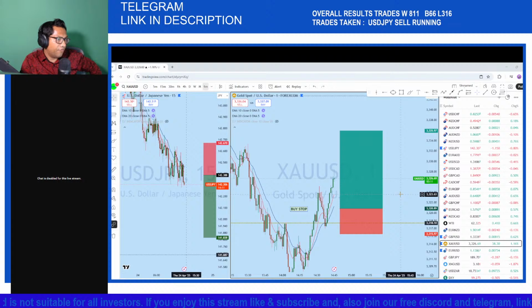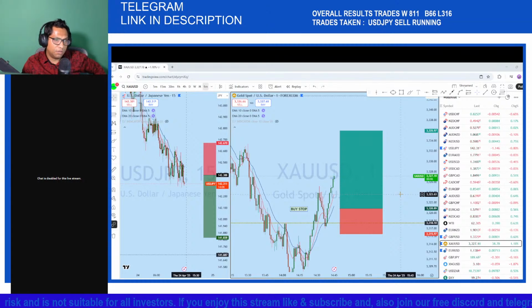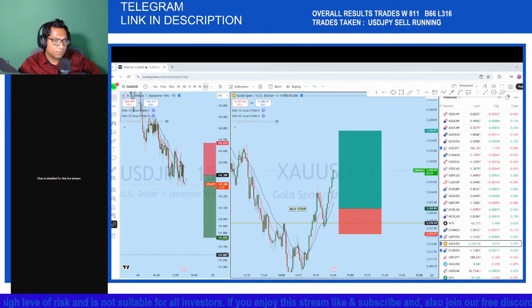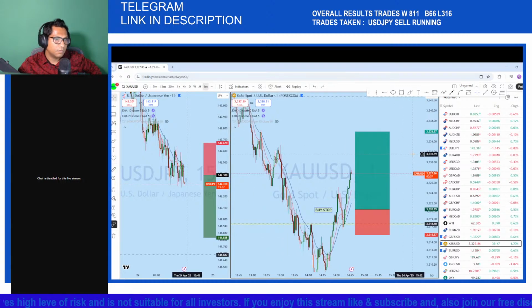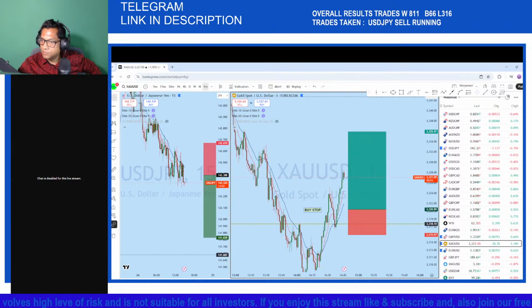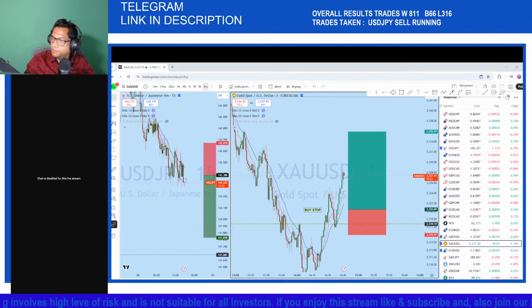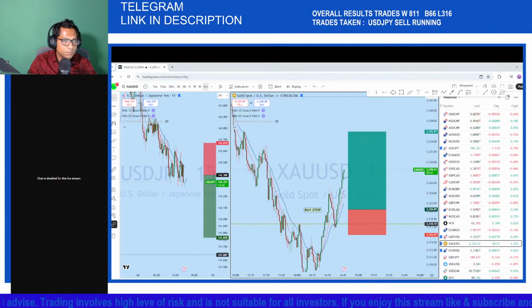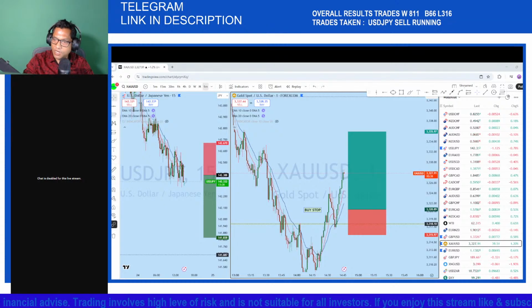Dollar yen is moving in our favor, let it move down, while we can see XAUSD as well showing that potential bullish momentum. Let the trade grow potentially to the upside.